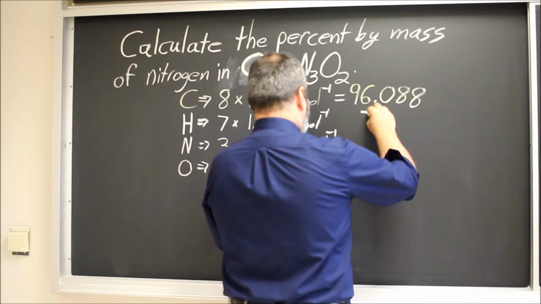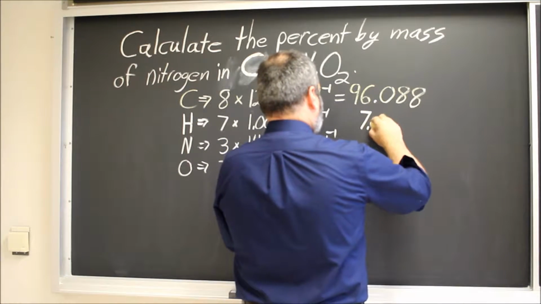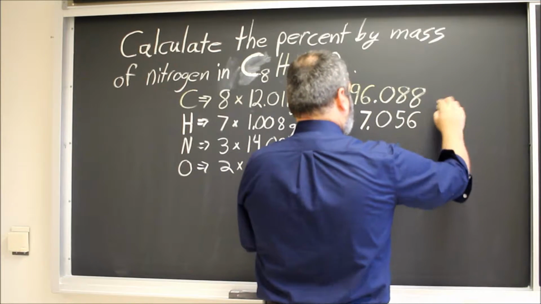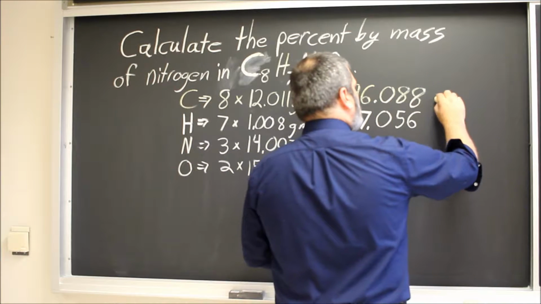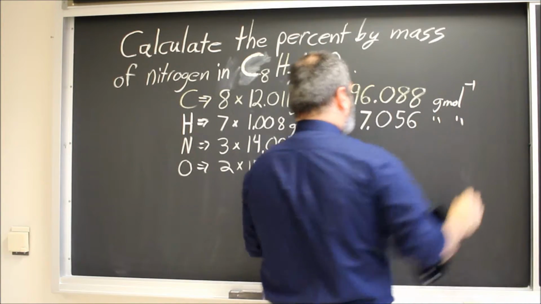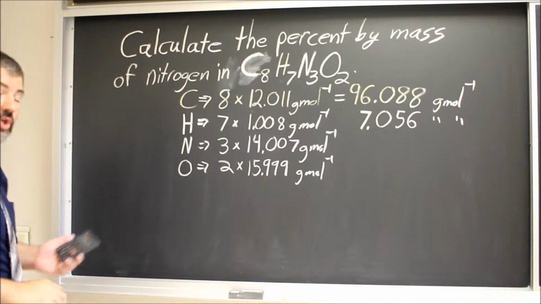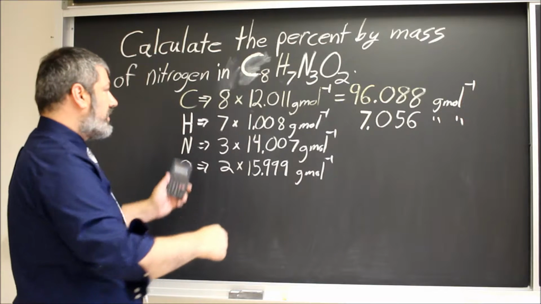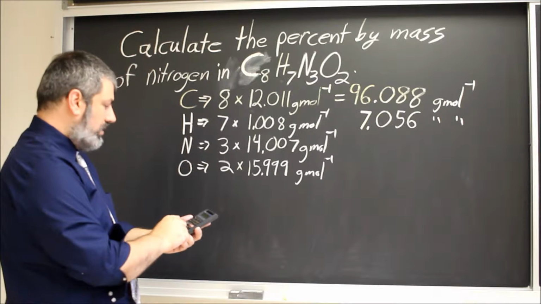So we have 7.056, and all of these are in the unit of gram per mole still. You could shove all these numbers in your calculator, but again, I like to do it systematically, and we'll see in a second why that's going to be useful.